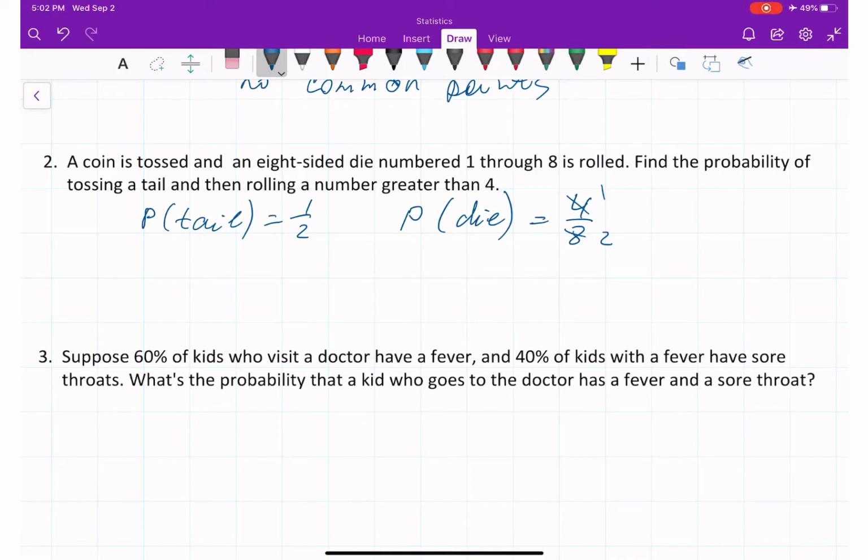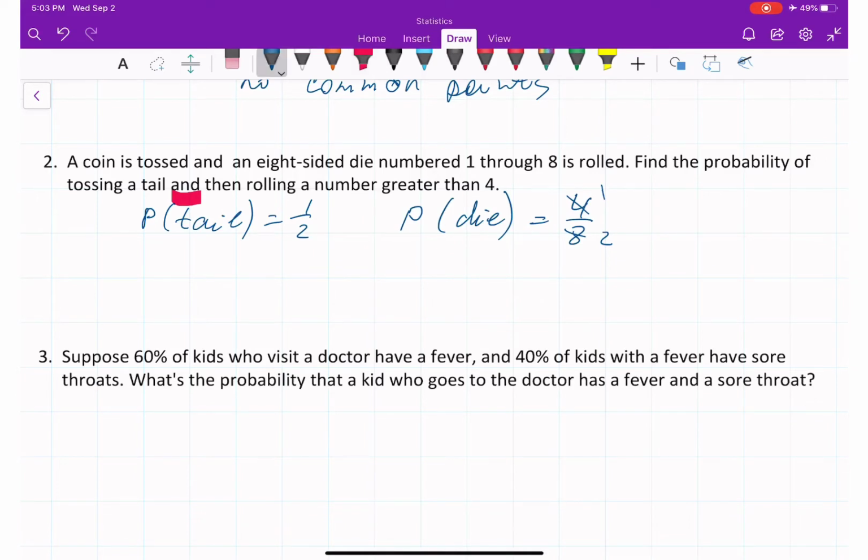Yes? Now, what is interesting, here is the magic word: it says "and," when you are doing some event and doing another event. The first event is tossing a tail, the second event is rolling a die, and these two events are connected with the word "and." So "and" in statistics, in probability, always converts into multiplication.